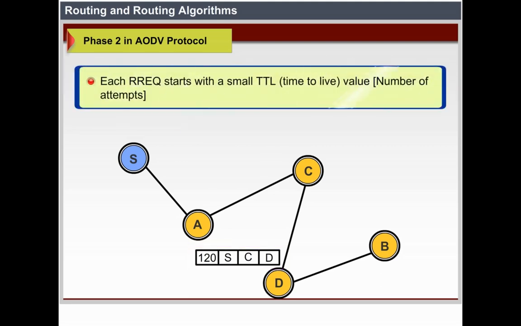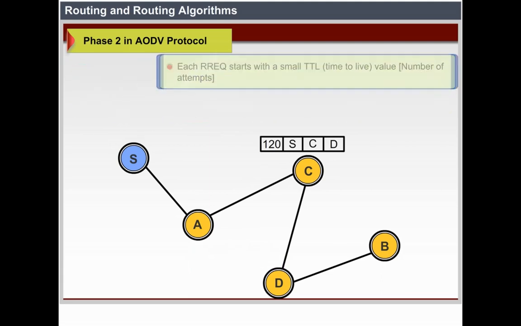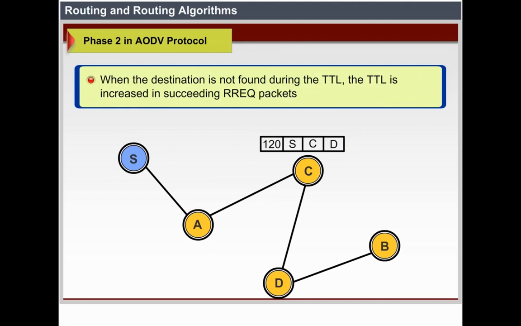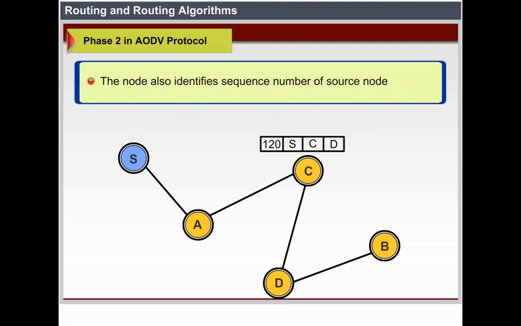Each RREQ starts with a small TTL, time to live, value, as the number of attempts. If the destination is not found during the TTL, it is increased in subsequent RREQ packets. The node also identifies the sequence number of the source node.